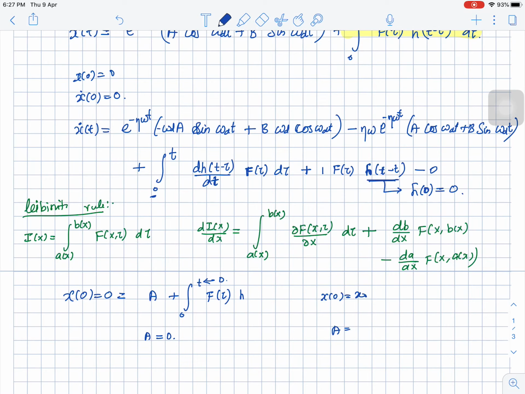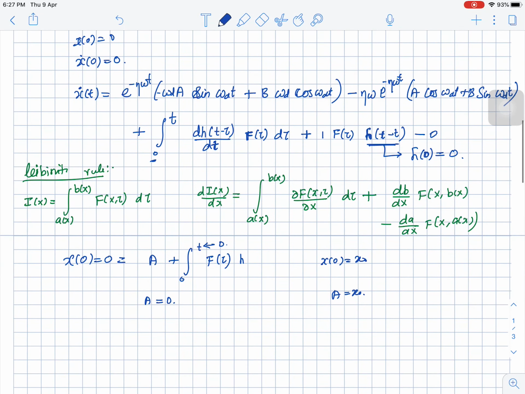So let's see for the velocity, x dot of 0 equals b omega d minus eta omega a, plus the rest of the things also get 0.